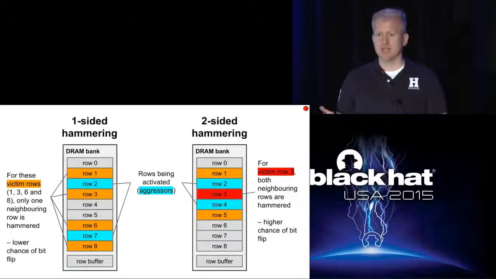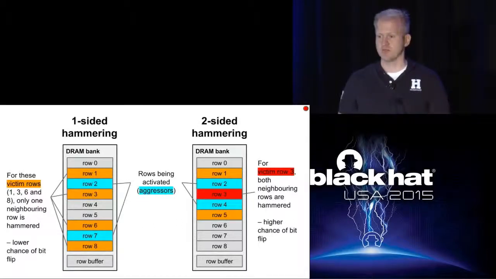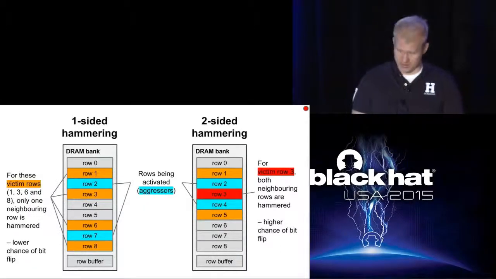And we were lucky in the sense that we had a very vulnerable laptop that provided us with enough data so we could infer the proper distances, and then use those proper distances to hammer other laptops, which then turned out to be vulnerable, but we thought were not vulnerable initially. And it's almost a pattern that occurred during this research, that the hammering got better over time as we figured out more about it.